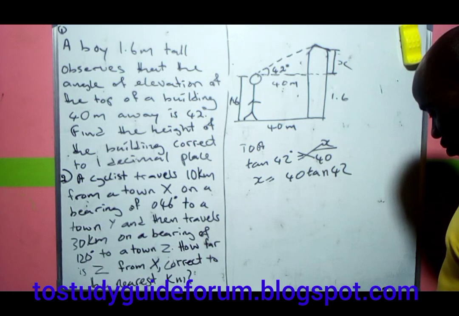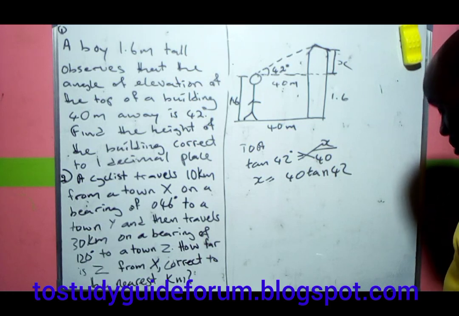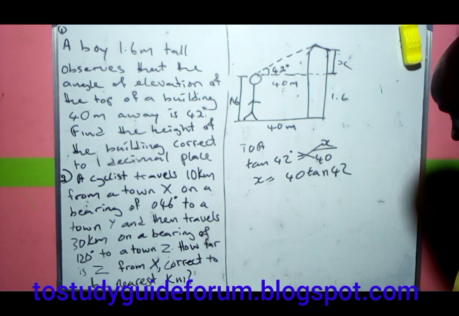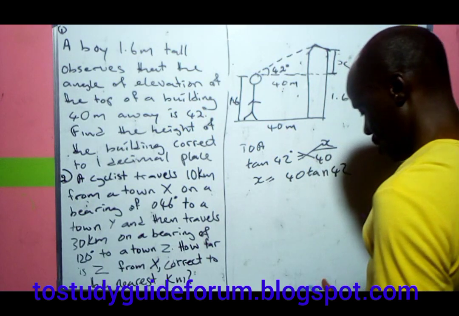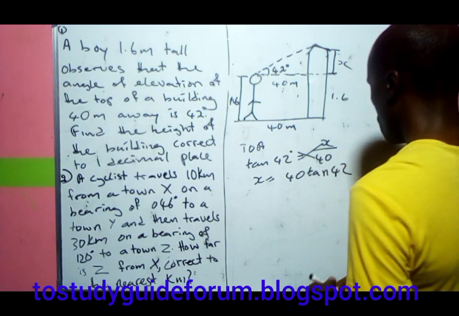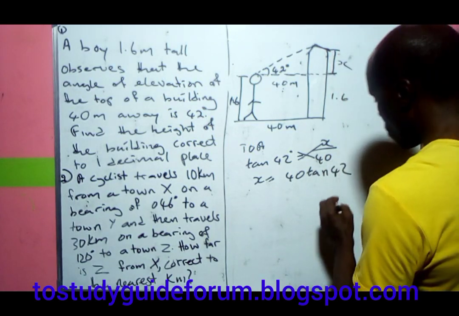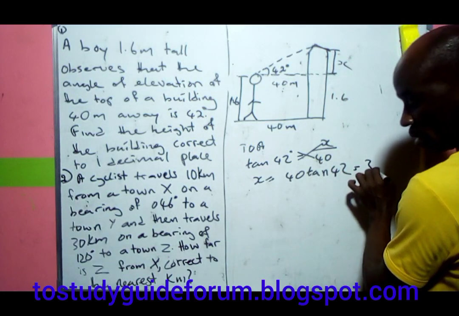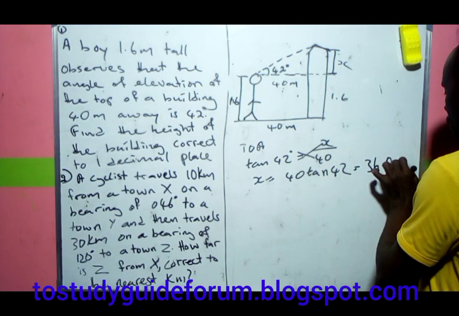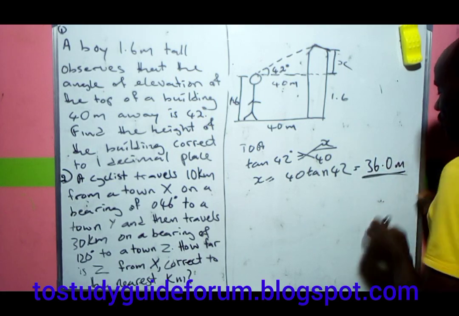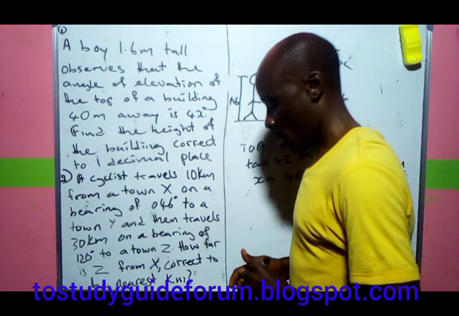Tan 42 times 40. So what we have is equal to 36.0 meter.